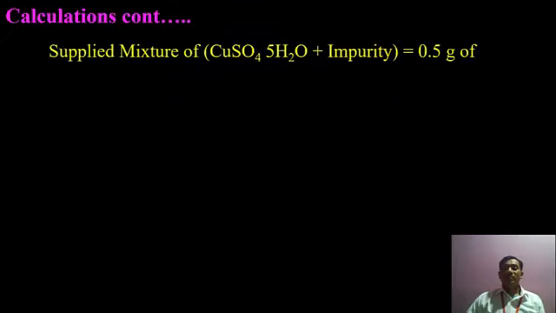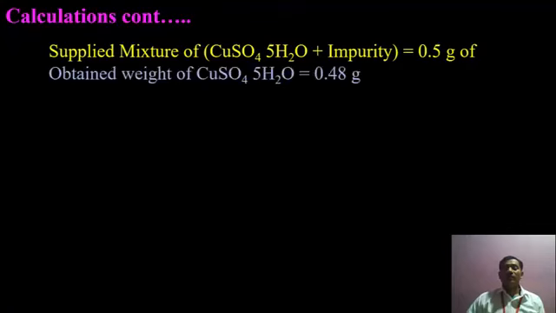Continued part of the calculations. The supplied mixture of copper sulfate pentahydrate plus impurity was 0.5 gram. Then the obtained weight by calculation of copper sulfate pentahydrate is 0.48 gram.